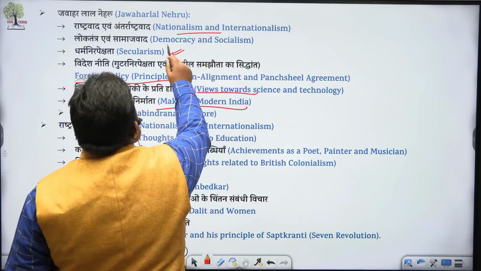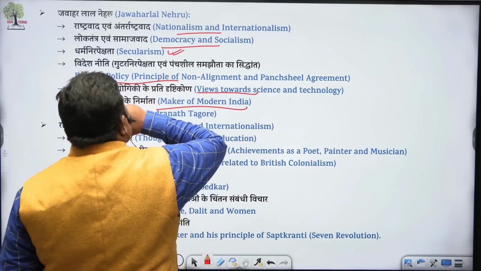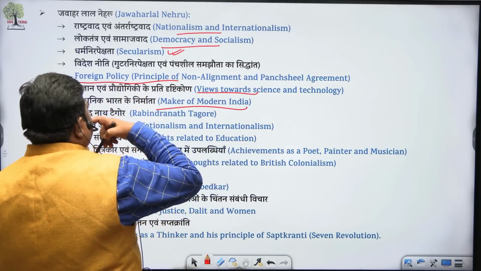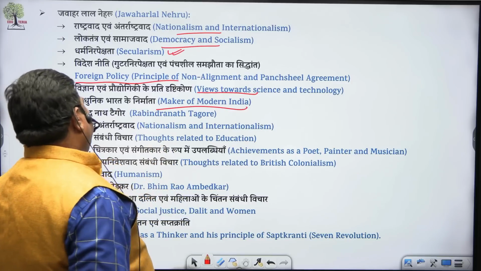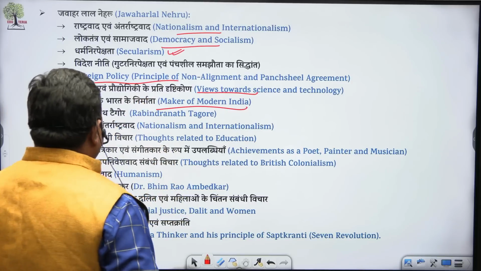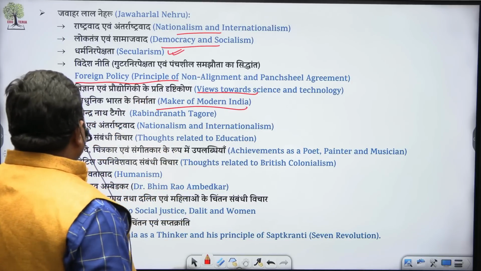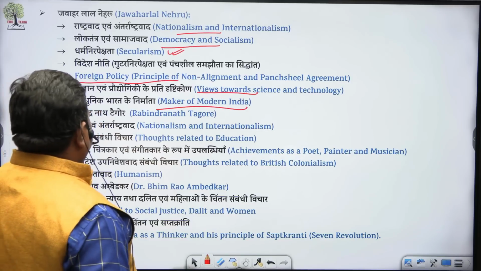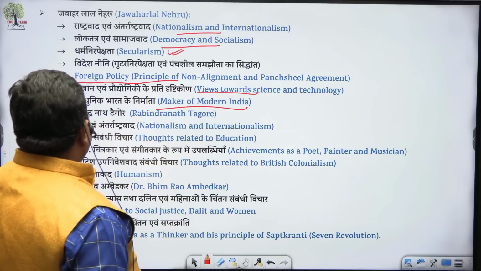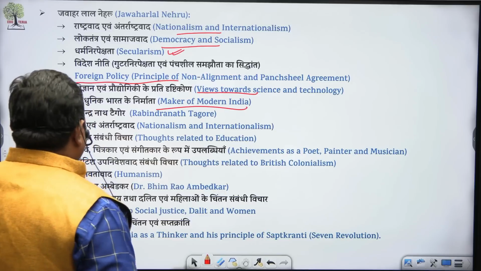What is his idea on nationalism and internal democracy? And sometimes they might ask about the overall contribution of Jawaharlal Nehru, the maker of modern India. But this year chances are very less, because now we don't have Congress in the government, so very less chances to ask about Nehru.